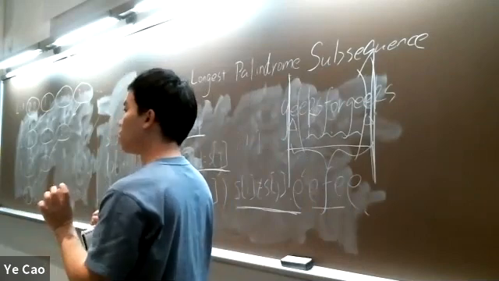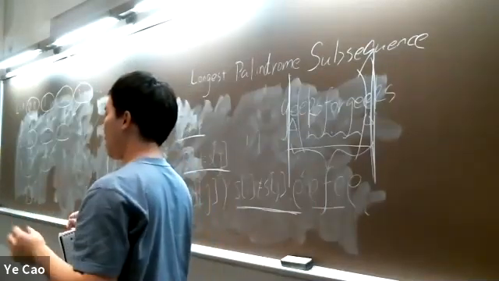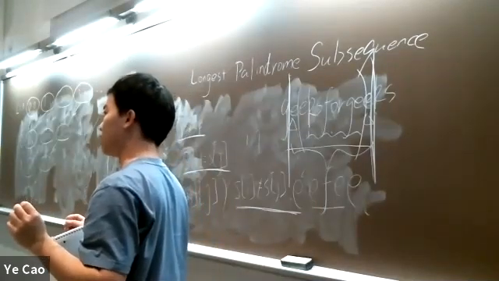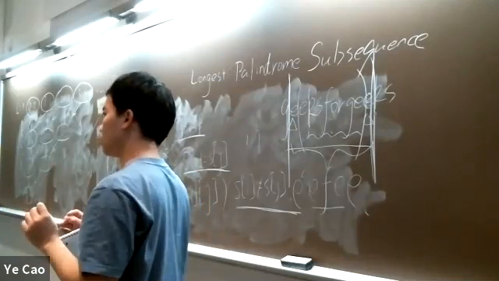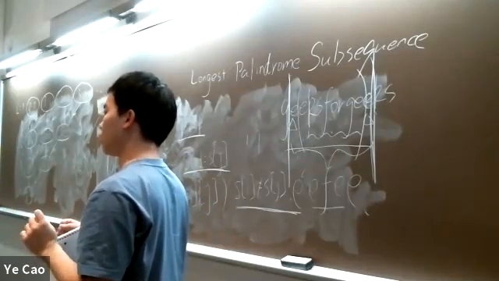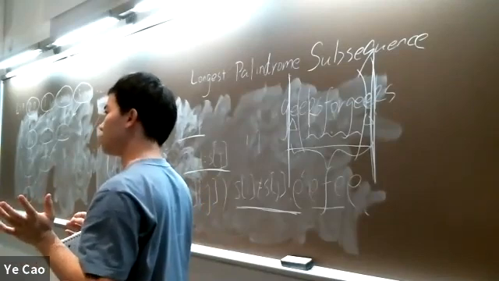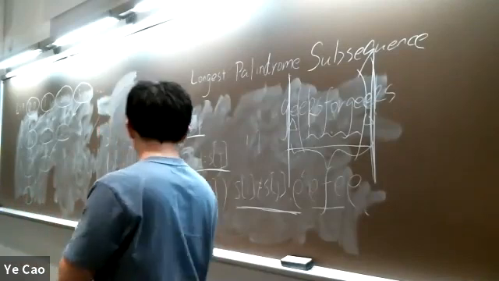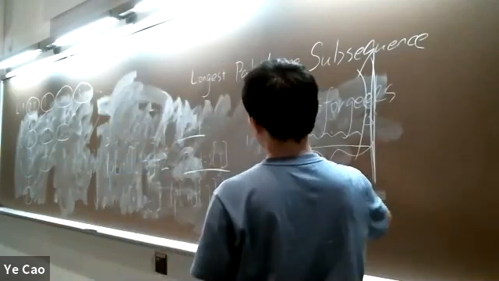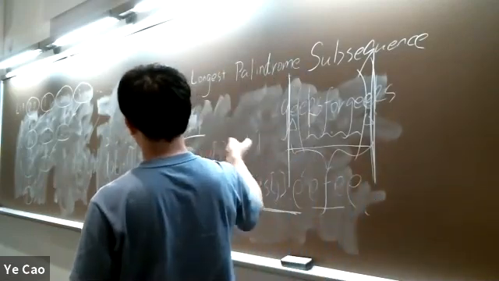If the inner part is a palindrome itself and the outer two characters are the same, you can append the outer two characters onto the inner palindrome, and they form one bigger palindrome. Does that make sense? Yes. Okay, so this is the second type of condition.